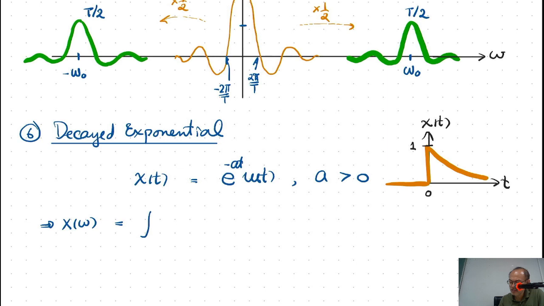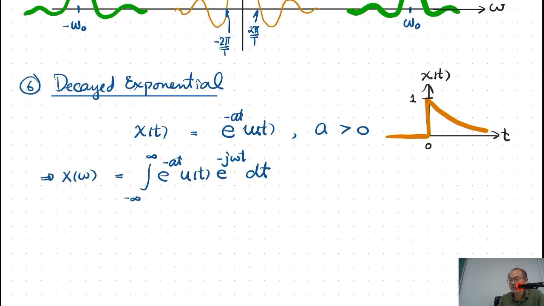It is the integral from minus infinity to infinity. We plug in x of t, which is e to the minus at u of t, and multiply it by e to the minus j omega t, and then dt, because we're integrating with respect to t.